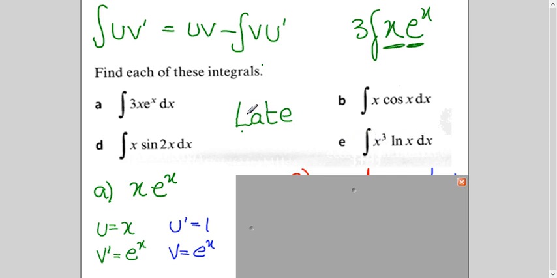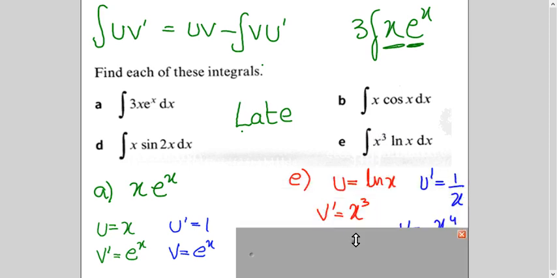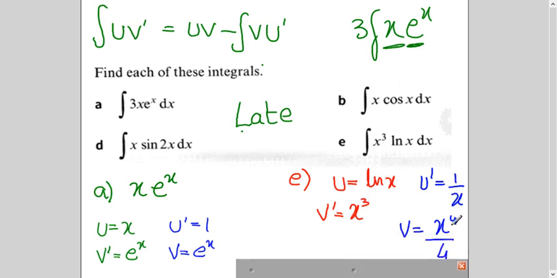Log has priority. So my u is ln x and my v prime is x cubed. If I differentiate u, it will become 1 over x. And when I integrate x cubed, it will become x to the power 4 divided by 4. So I have u prime, v, all values, and I will plug in the formula.